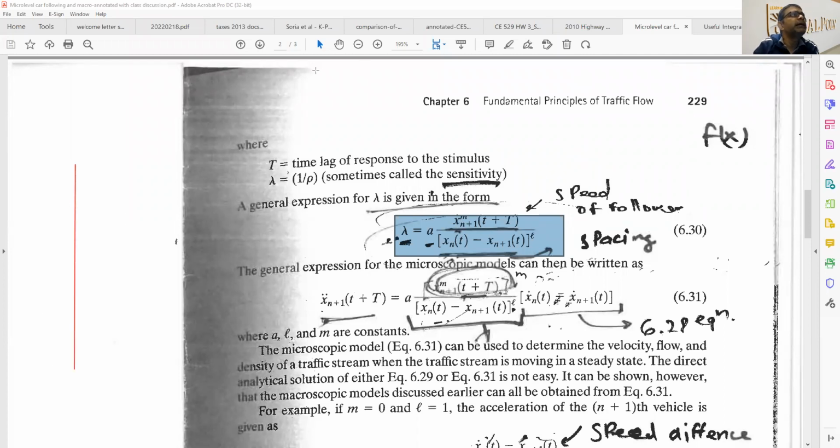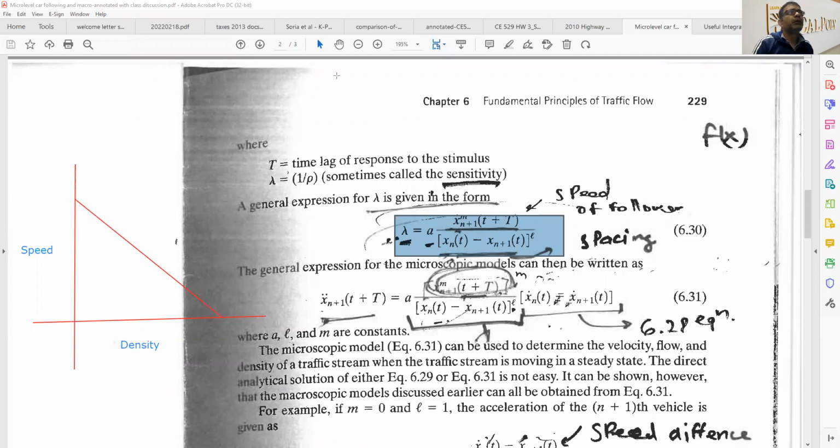If you define speed and density on x and y axes, let's say this is your density axis on the x-axis, and this is your speed axis on the y-axis, you can define speed-density as a linear function where the speed goes down as density increases.